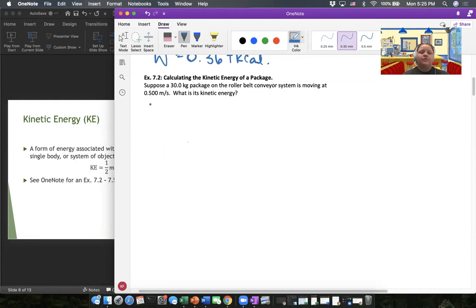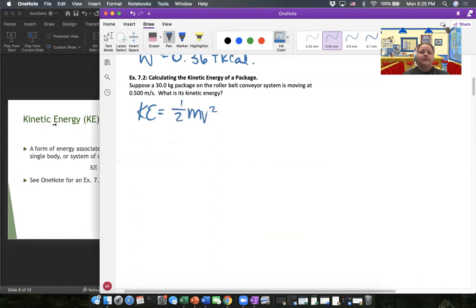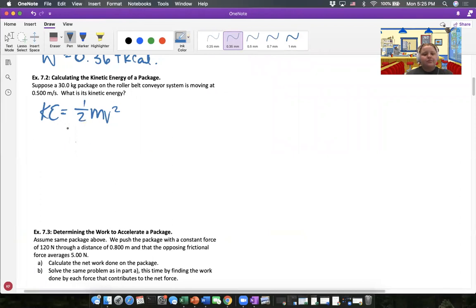Okay, so our kinetic energy is equal to 1/2 mv squared. We can plug in our values. Our mass was given here as 30 kilograms, and our velocity was given as 0.5 meters per second.